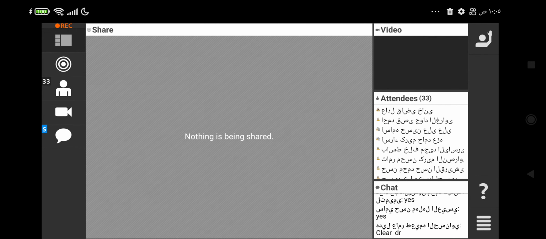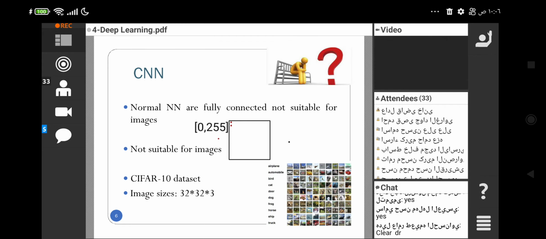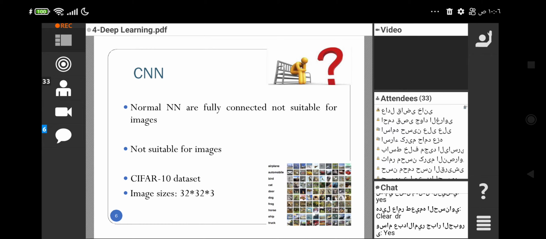Now I was talking about this example. In this data set CIFAR-10 we have color images, and the image size that we have in CIFAR-10 is 32 multiplied by 32 multiplied by 3.